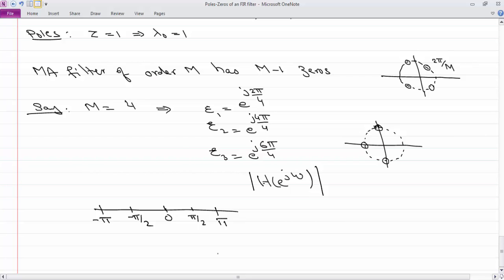So if I had to guess what it will look like, my magnitude response will hit 0 at minus pi by 2, and hit 0 again at pi by 2. Okay, and then it's going to go up, but then it's going to hit 0 again at pi.